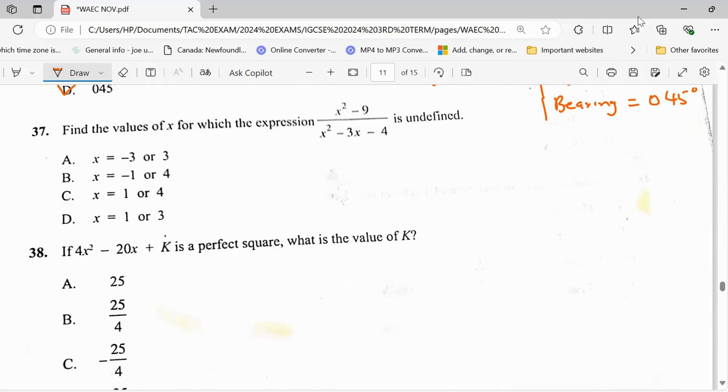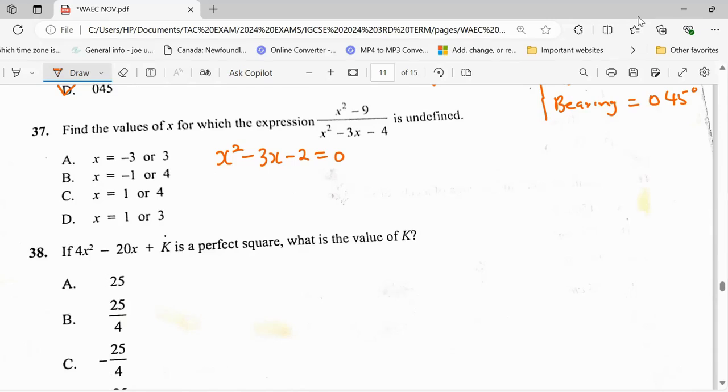Find the values of x for which the expression x squared minus 9 over x squared minus 3x minus 4 is undefined. An algebraic fraction like this is undefined if the denominator is 0. So it is undefined if this denominator here becomes 0, because when the denominator becomes 0, the fraction will not have a real value.